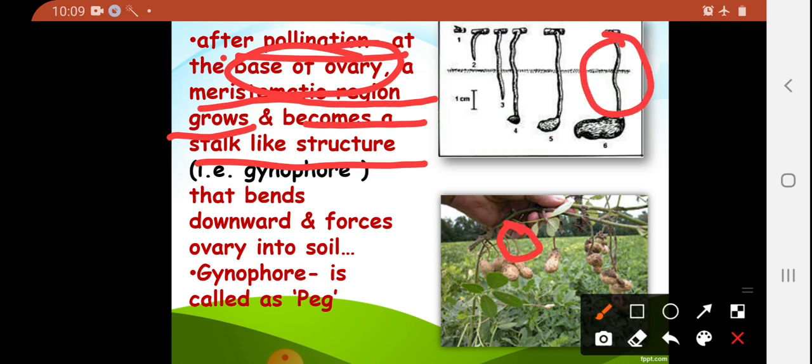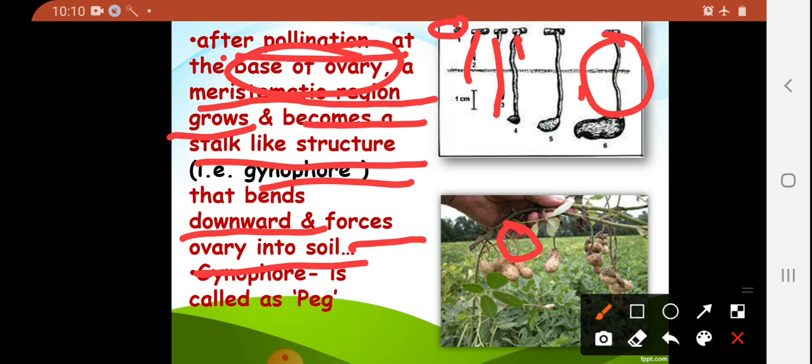This stalk like structure is called gynophore. This gynophore bends downward to the soil and forces that ovary into the soil.